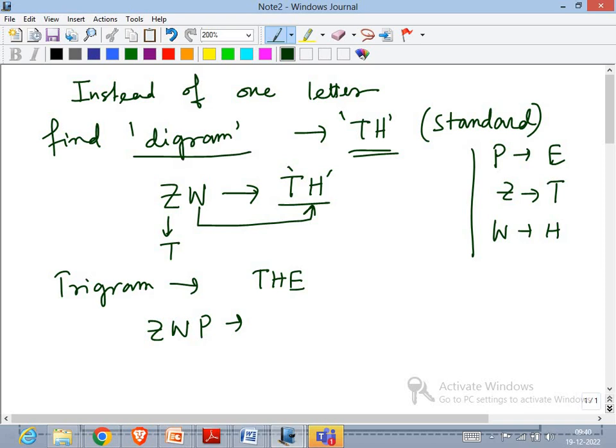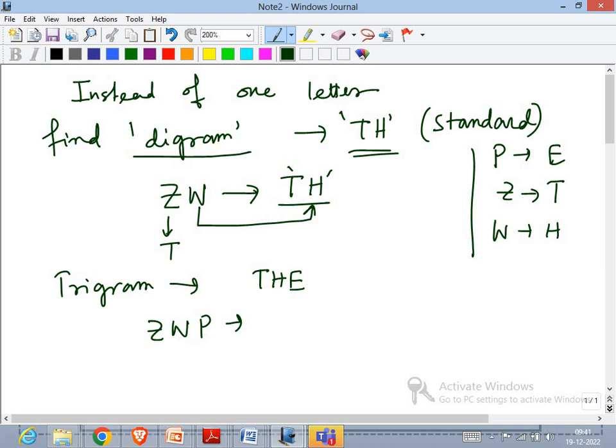We map that with TH because TH happens to be the maximum used two-letter word in English vocabulary. So ZW has been mapped to TH because ZW is the two-letter word we use the maximum number of times. And since we have already assumed Z to be T, the leftover W will always be H. Now, with the two letters done, if we don't find anything as two letters, we will go to three-letter words.